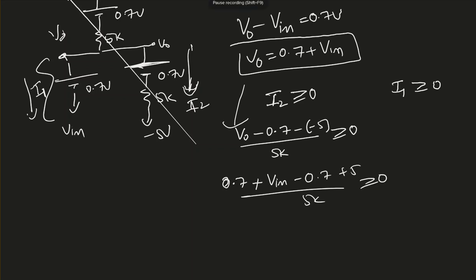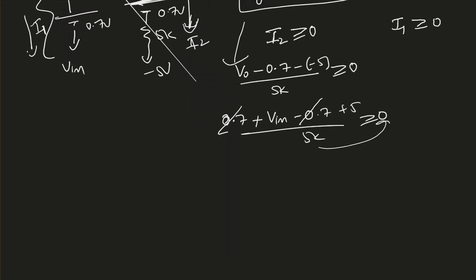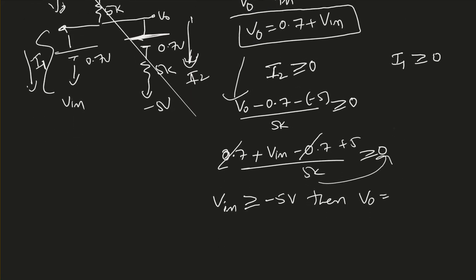If I solve this, 0.7 minus 0.7 cancels out. If I move the 5k to the other side, it is multiplied with 0, so 0. So as long as Vn is greater than or equal to negative 5 volts, then V naught must be equal to 0.7 plus Vn.